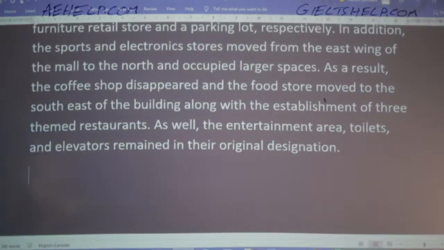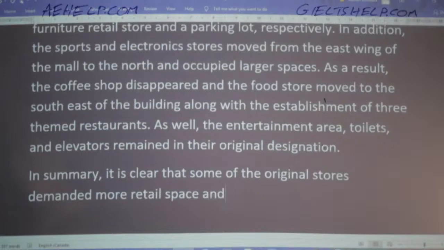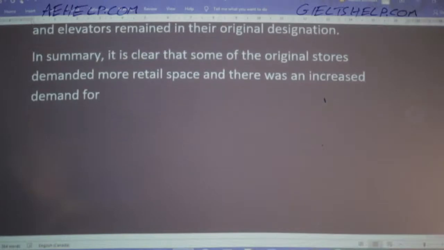Okay, in summary, it is clear that some of the original stores demanded more space, more retail space, and there was an increased demand for more food services.